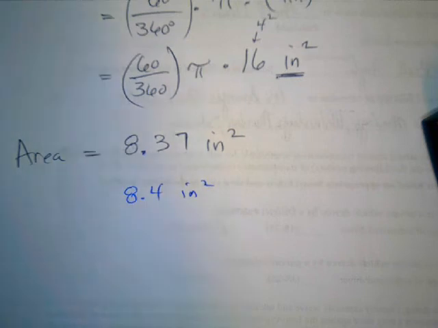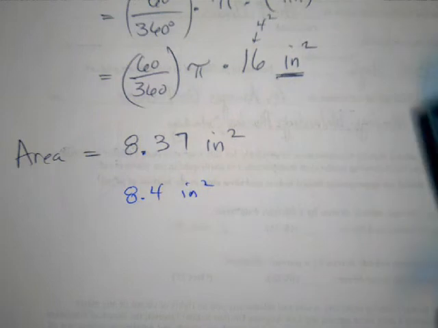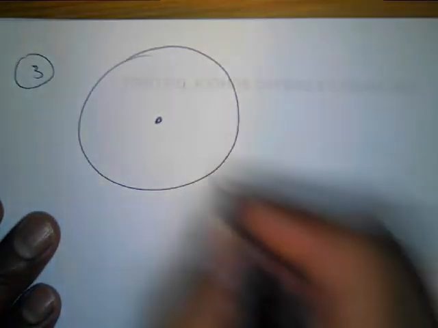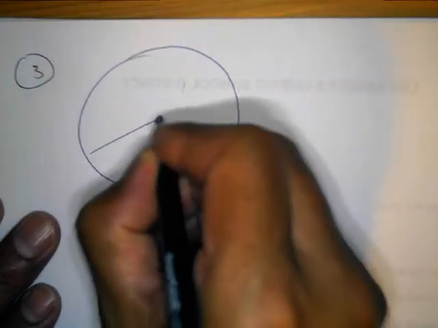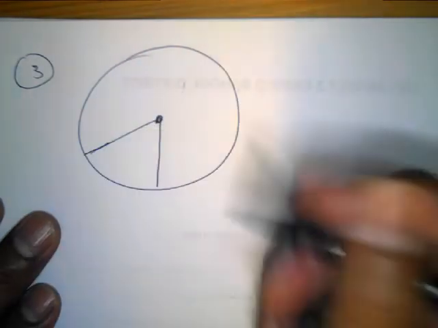Okay, last one, number 3. Let's do one more. Number 3 here. Okay, number 3, we got a circle. And now they want this.